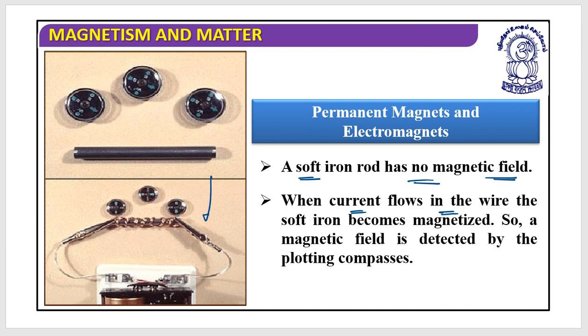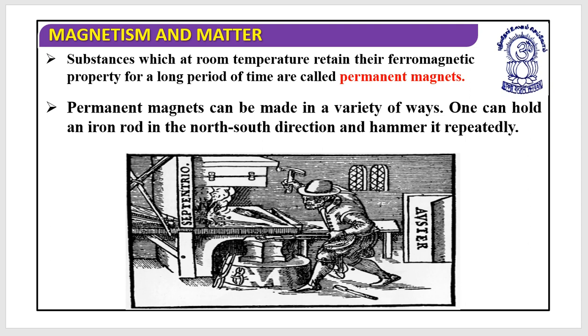So when current flows in the wire, the soft iron becomes magnetized, and so a magnetic field is detected by plotting the compasses that we have. Yes, so after plotting the compass I can understand that magnetic field is there after current is passed through it, and even the direction of that magnetic field can be detected by the compasses.